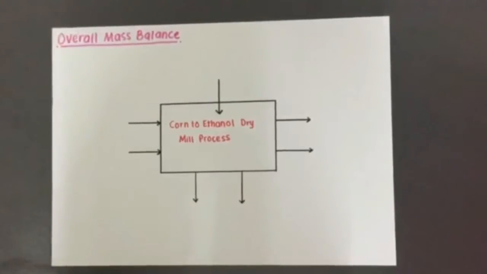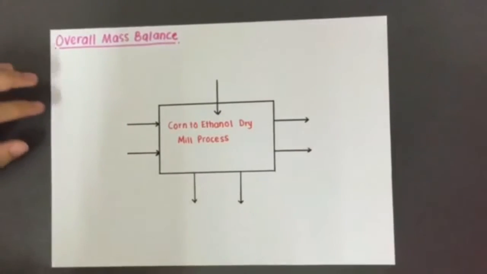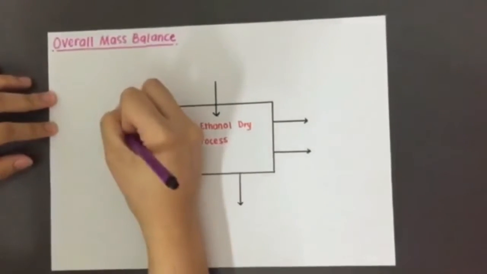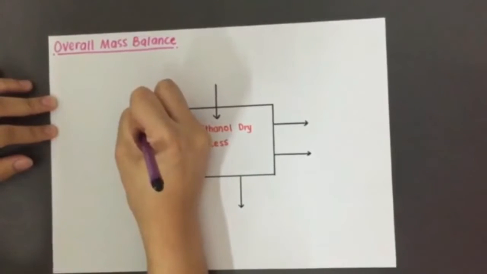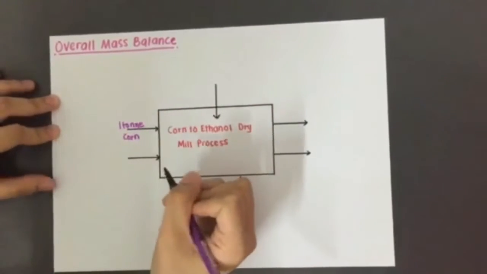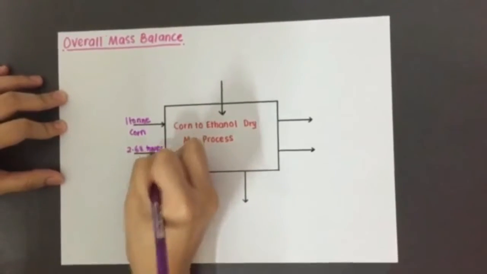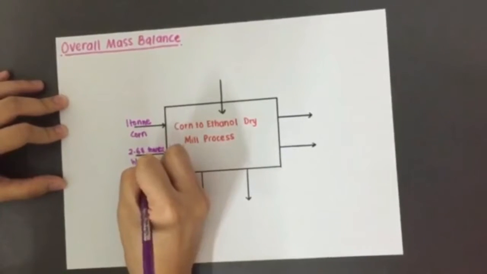This is the overall mass balance for the corn to ethanol dry mill process. In this process, 1 ton of corn is fed into the system together with 2.68 tons of water.